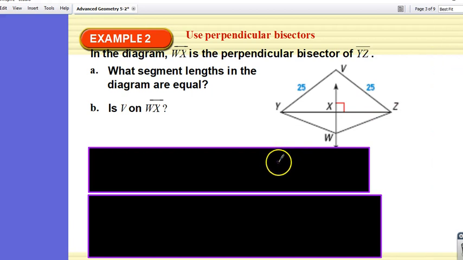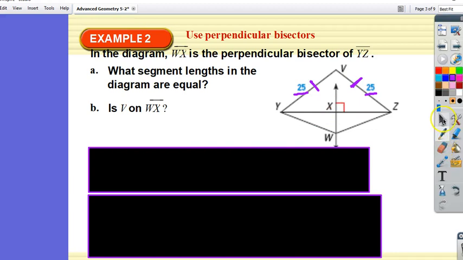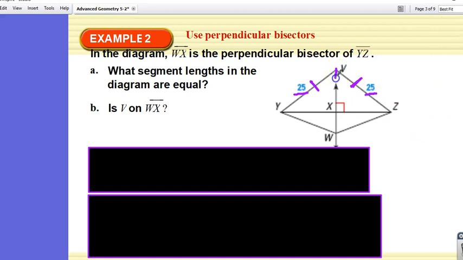Alright, so what segment lengths in the diagram are equal? So we know for sure, over here, okay guys, do you see how YV is congruent to ZV, right? These are congruent. So what segment lengths in the diagram are equal? Well, we know for sure those are equal, right? So wouldn't this be like the converse of what we were just doing, the perpendicular bisector theorem?